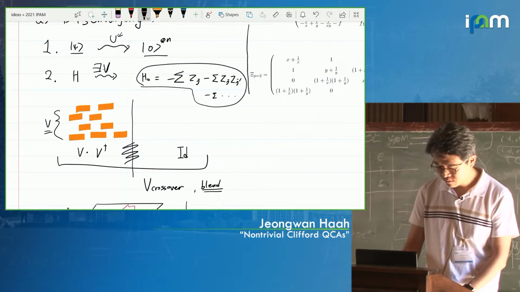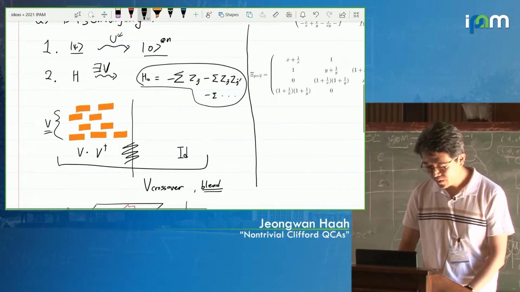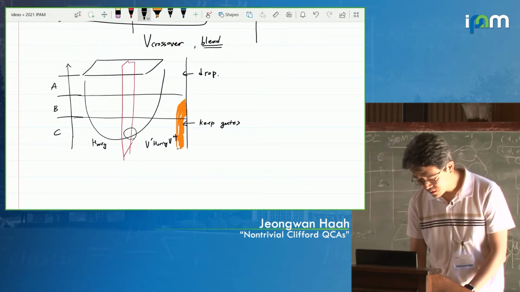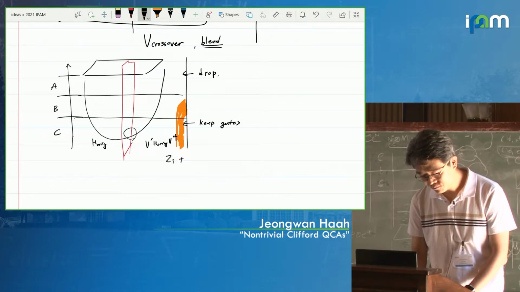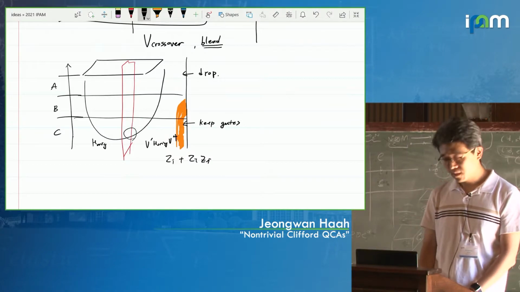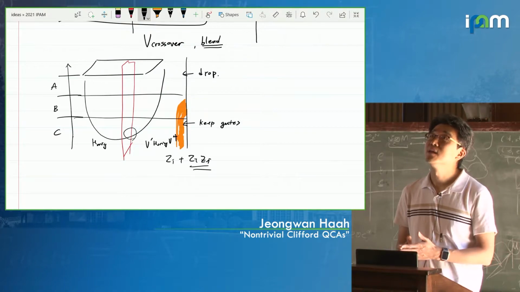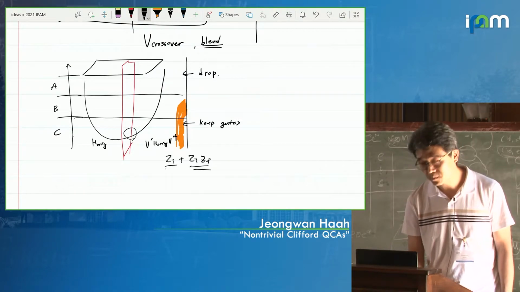In the trivial part, in this region, the terms will look like just sigma z. Probably there is some product of those, but these products do not interfere with the single qubit ones.